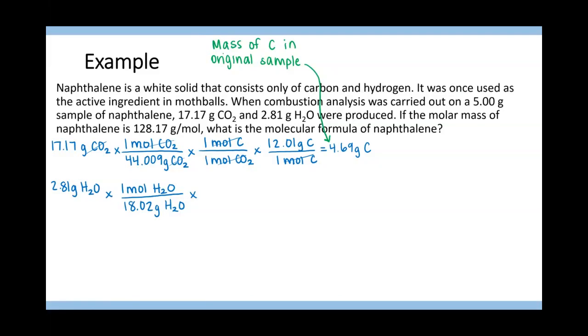And then for every 1 mole of water, we have 2 moles of hydrogen. So 2 moles of hydrogen over 1 mole of water. And then converting to mass of hydrogen using its atomic mass.